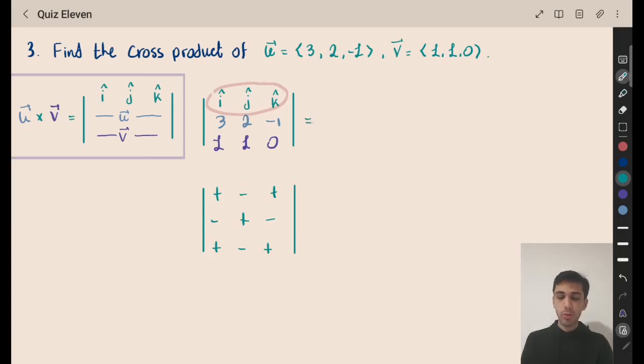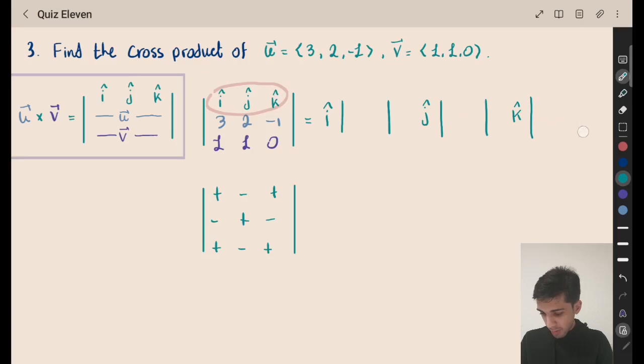So if I use this row to find the determinant, then I choose i, and I break it down into a smaller determinant. I choose j, and I multiply it by a smaller determinant, and then I use k, and I multiply it by a smaller determinant.